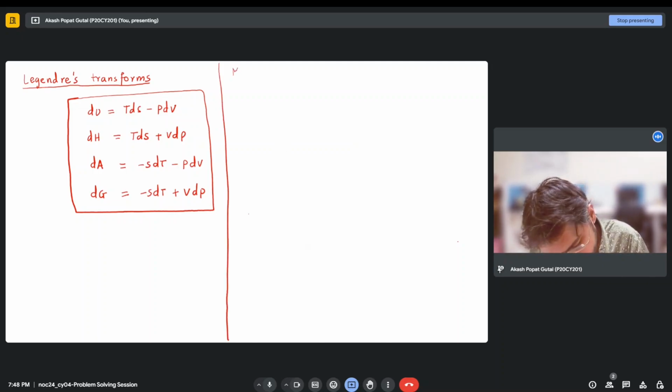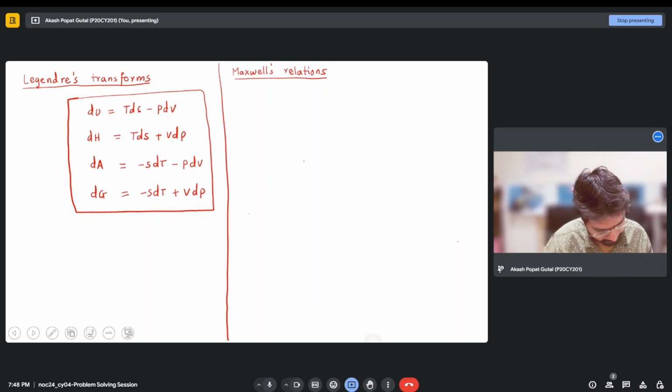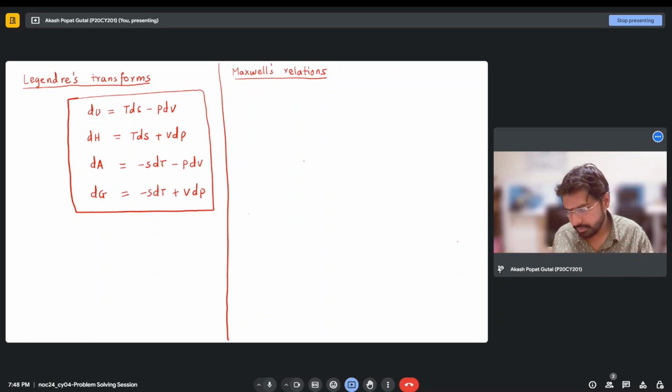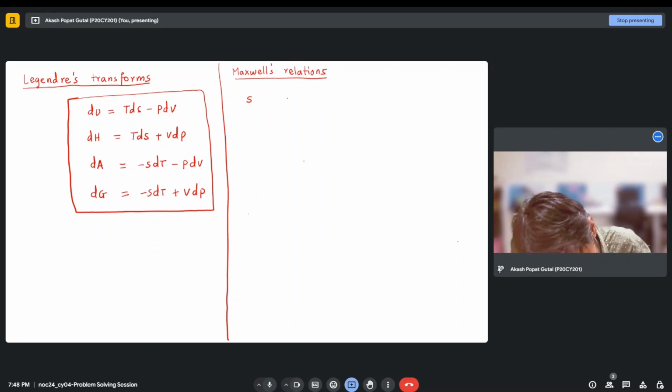And after that, we have seen the Maxwell's relations. To remember the Maxwell's relations, we have a mnemonic, which can be given as S, P, T, and V. This mnemonic we have seen in class also, and we know this is for sign convention.